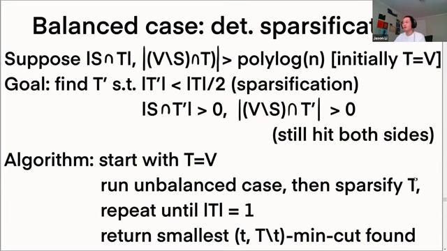We run the unbalanced case again, and we keep on sparsifying and keep on doing this until, let's say, T is size 1. And we return the smallest cut we found in any of the unbalanced cases. So the point is, in at least one of these cases, we will in fact be in the right case, and that cut will indeed be the correct cut. So it should be clear this algorithm is correct.